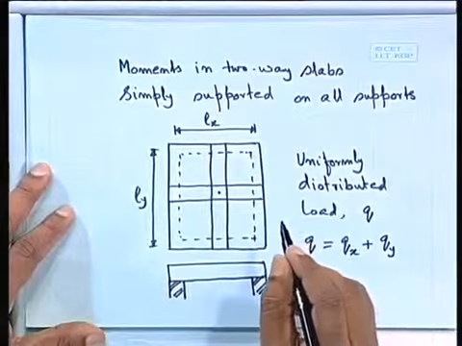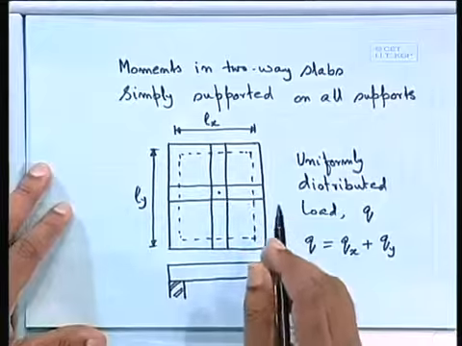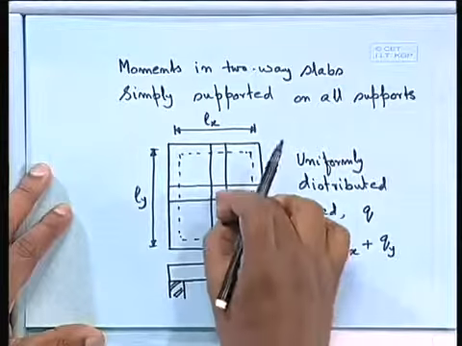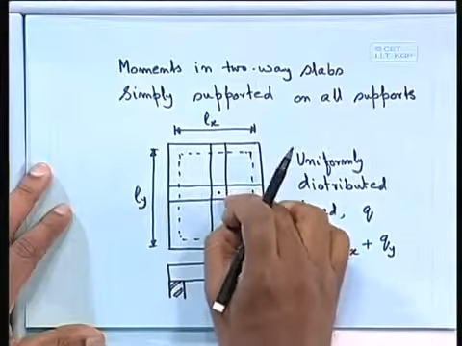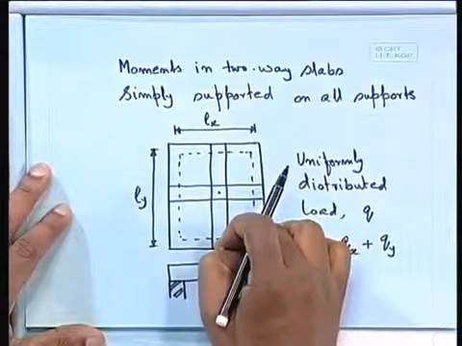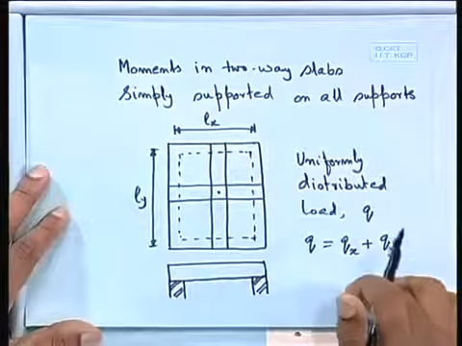Since there is no slipping, if we take this strip as one plate, and the other side also as another plate, the deflection we get should be the same, taking this one and taking the other one as well. So, that is our consideration, and from that point of view we can find out the distribution of Qx and Qy.